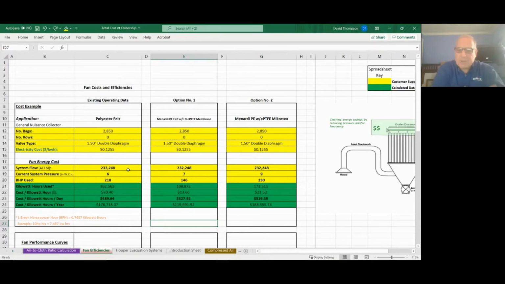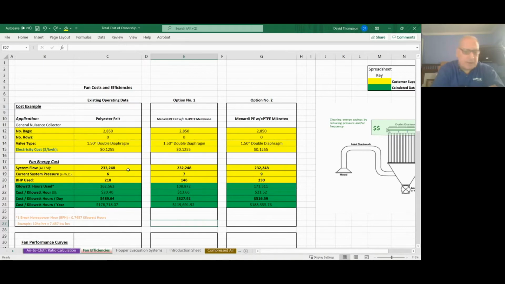Lower differential pressure to start than the low drag. However, it does increase as time goes on. So you end up with a higher differential pressure. You can run them higher because typically the membrane protects the substrate so that you don't have to worry about embedding material. So in each one of those scenarios, with the same type of system, you're using less horsepower, and therefore it's costing you less money.